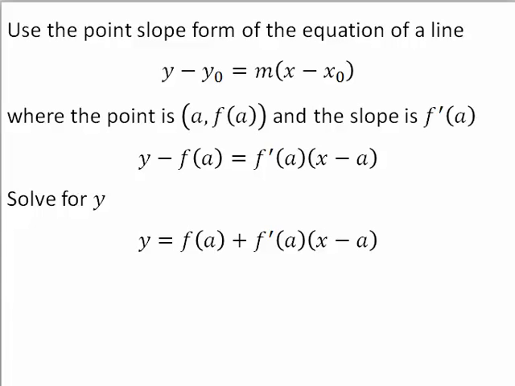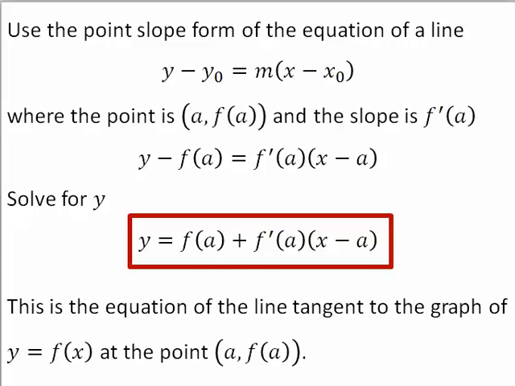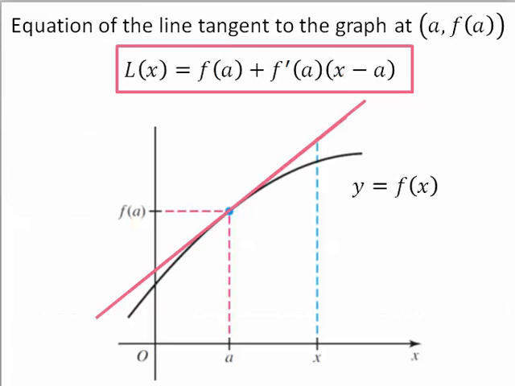After we solve for y, what we get is the equation of the line tangent to the graph at the point a, f of a. We're going to call this tangent line L of x.